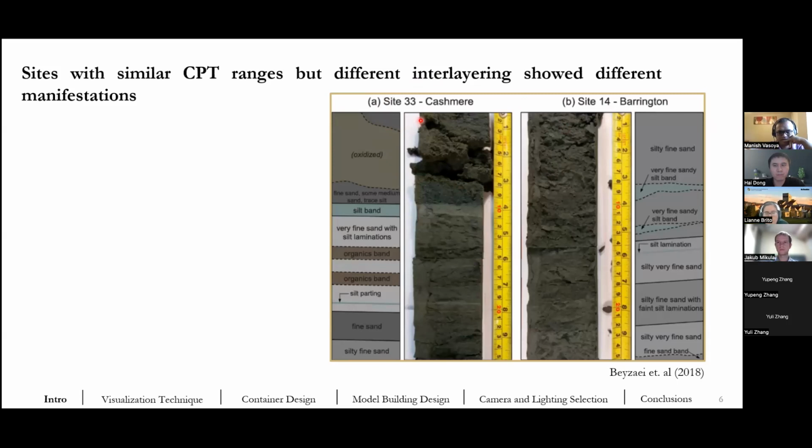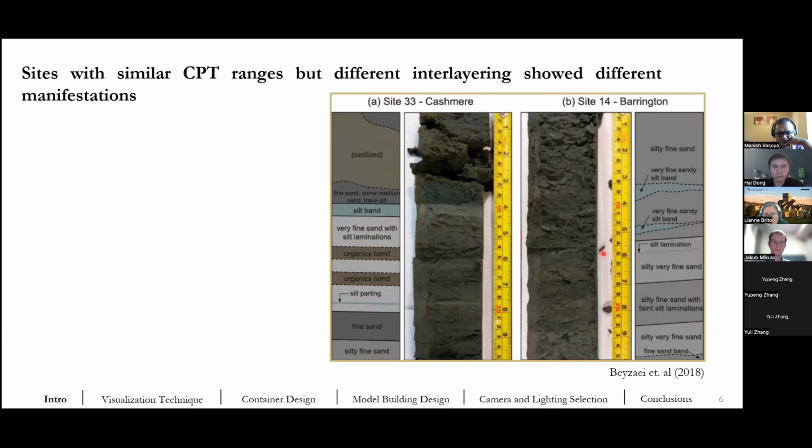Here we have, as an example, the CPT traces for site 33 and site 14, which were similar, but the left one included a clear silt layer and thin organic seams, while site 14 has some minor layering of silt and sand within a more homogeneous silty to sand matrix.